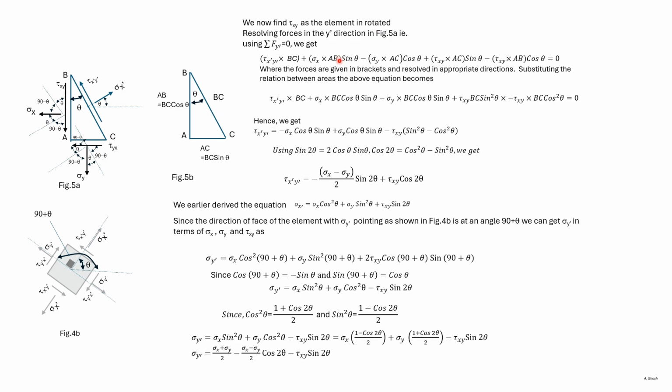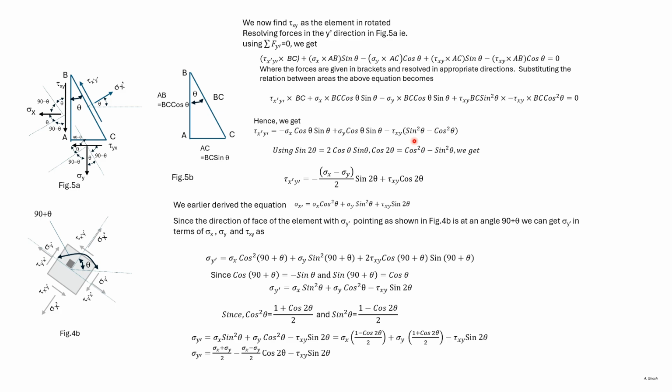We then substitute AB is BC cos theta and AC is BC sin theta. In this expression, BC is common and we can take BC out. So tau x dash y dash is given by this expression.